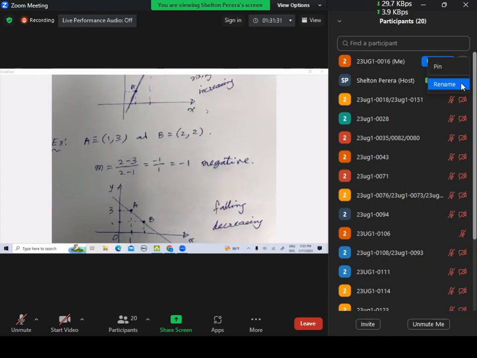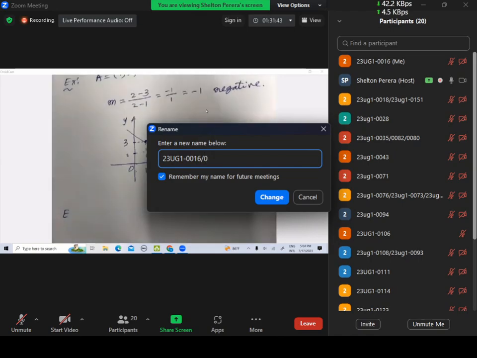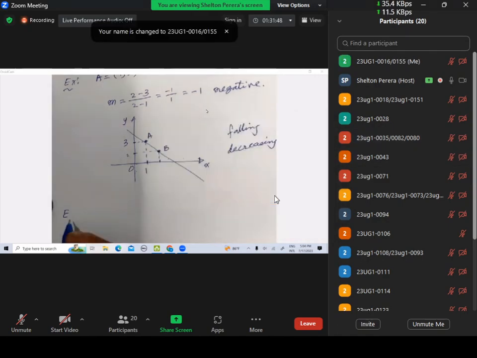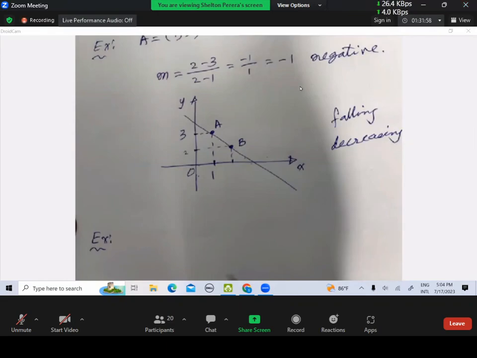So we saw two situations. M can be positive, a rising or increasing line. M negative, a falling or decreasing line. Can M be 0?